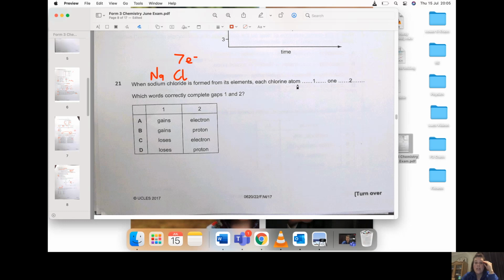So therefore, each chlorine atom, how do I get 8? It gains, so my answer is either A or B, 1 electron. Okay, so number 21, your answer is A. A chlorine atom will gain an electron to become 8 electrons in its outer shell.